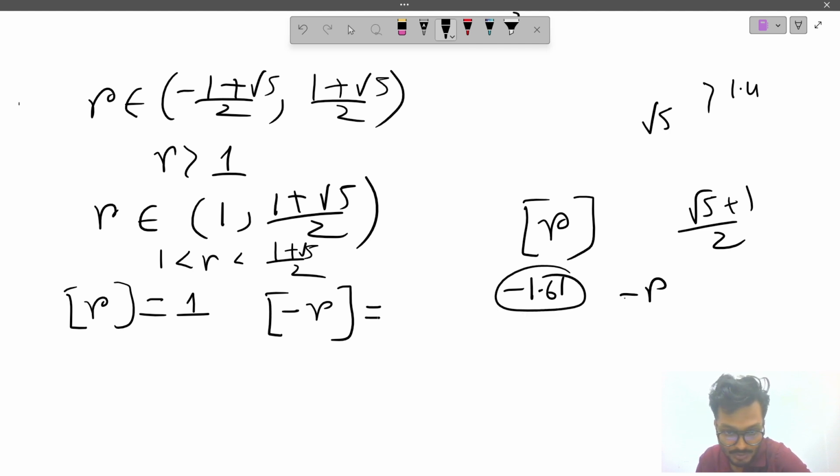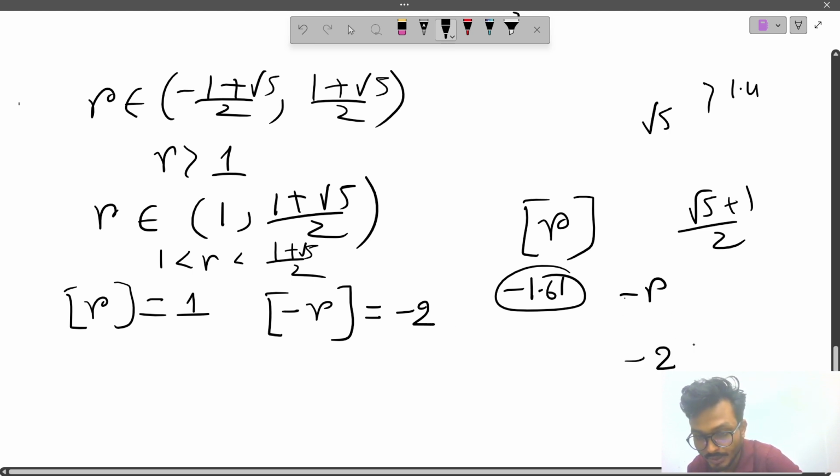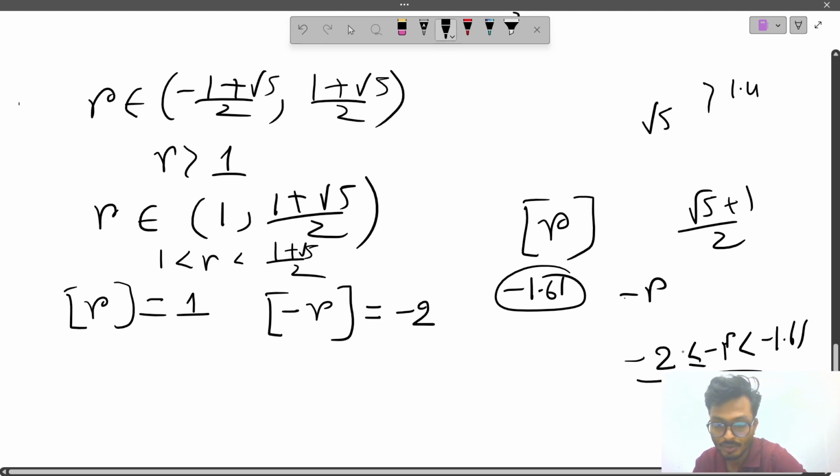So actually this will be minus 2, because -2 ≤ -r < -1.61, right? So this will be minus 2. So we have these two things.